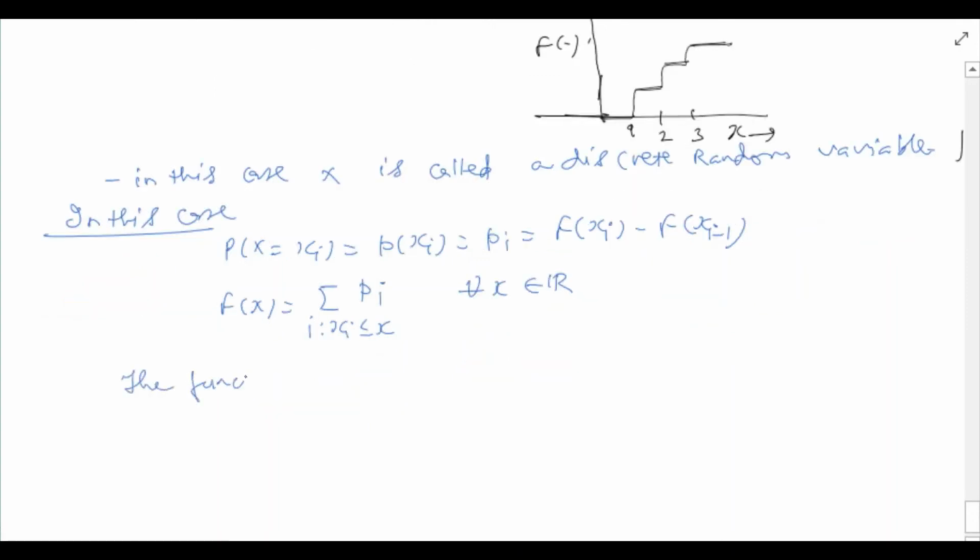The function p that maps these discontinuity points xi's to numbers pi is called the probability mass function of x.